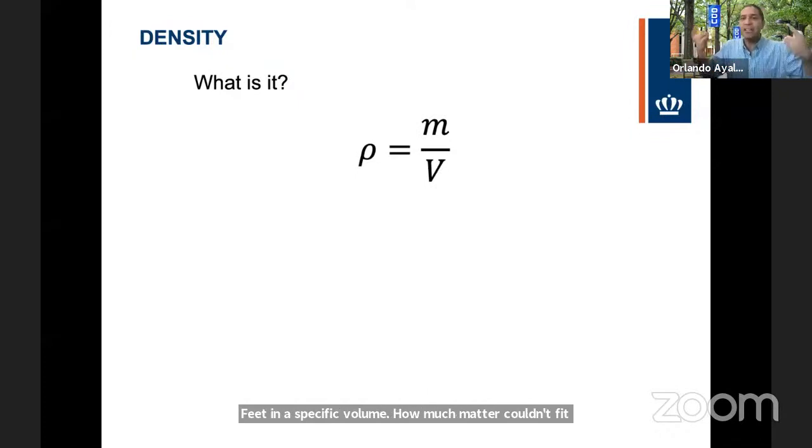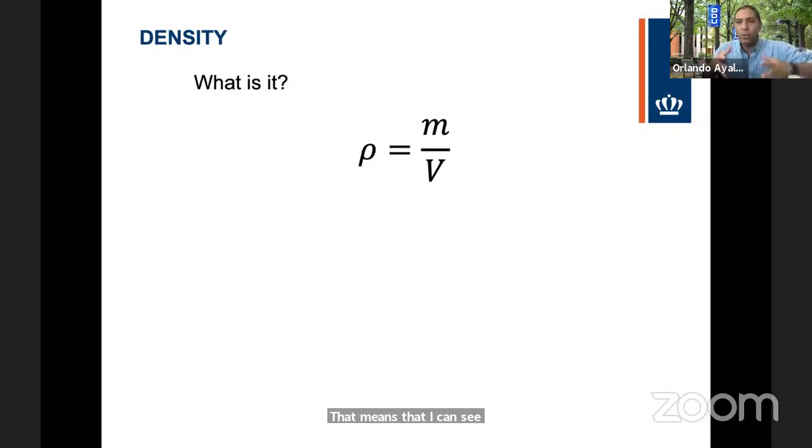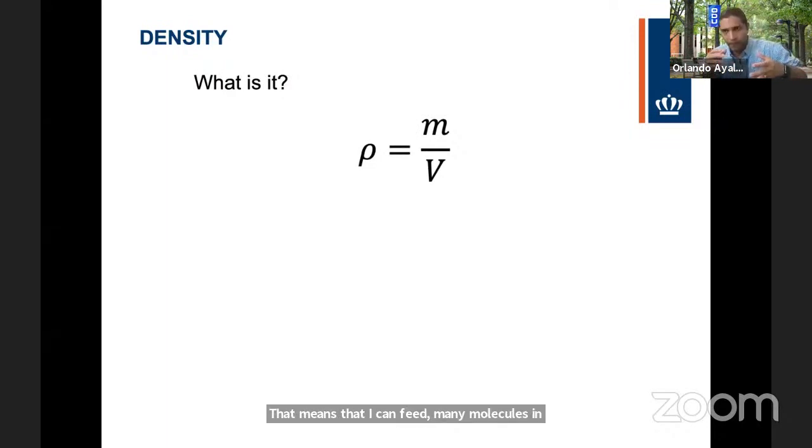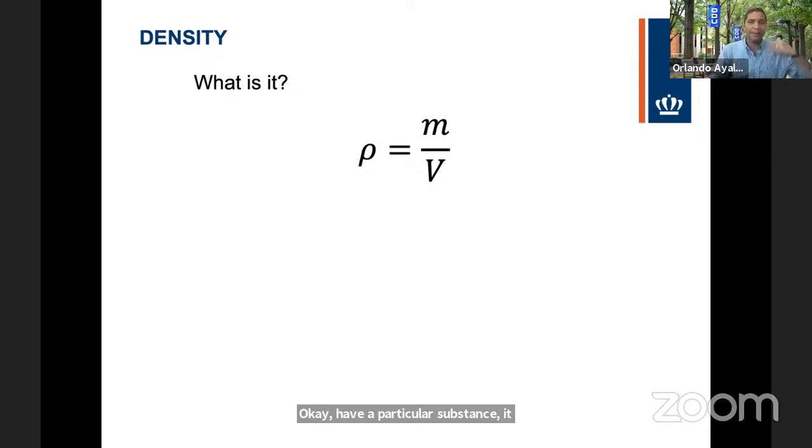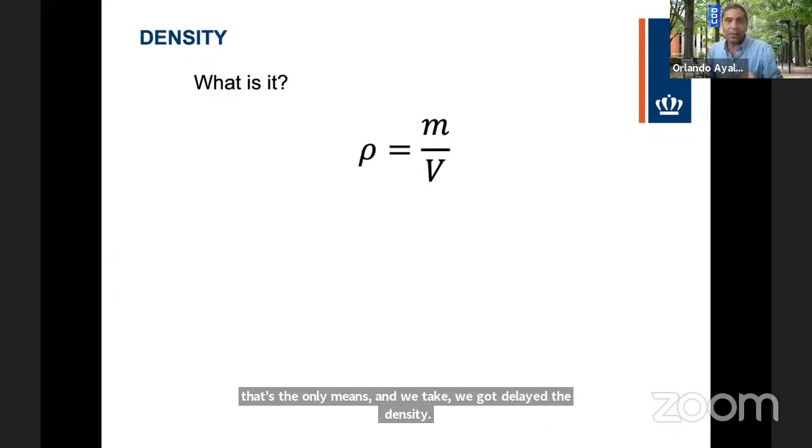The larger the density, that means I can fit many molecules in a particular volume of a particular substance. A lower density implies that I can only fit a certain amount of molecules. That's all it means. And we calculate the density by taking the ratio of the mass divided by volume.